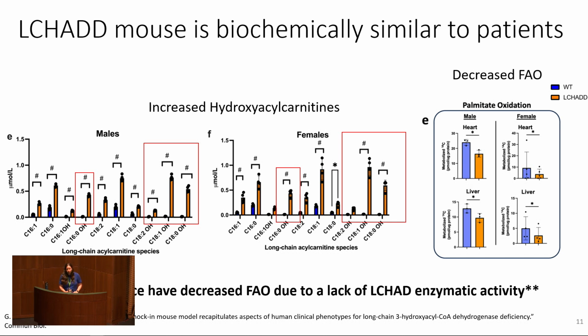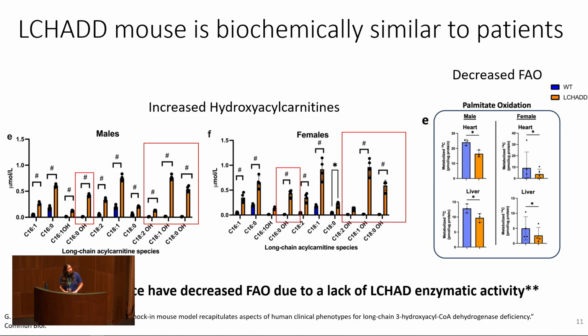I'll first start with how we figured out that it has decreased long-chain fatty acid oxidation, and we used a palmitate oxidation assay to do this. This is an in vitro assay where you take some tissues. We specifically looked at the heart and the liver to see how much radio-labeled palmitate these tissues were able to metabolize and break down.